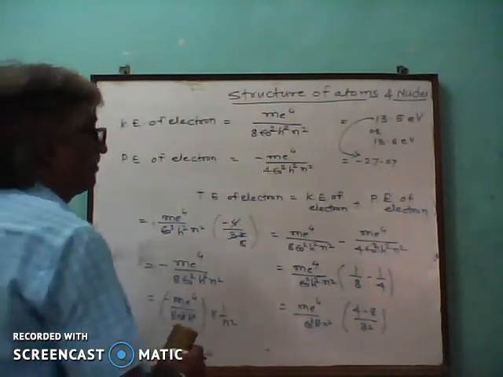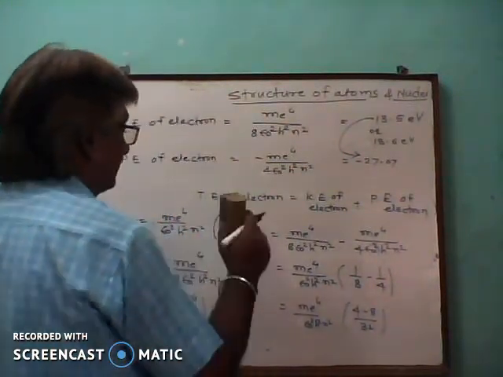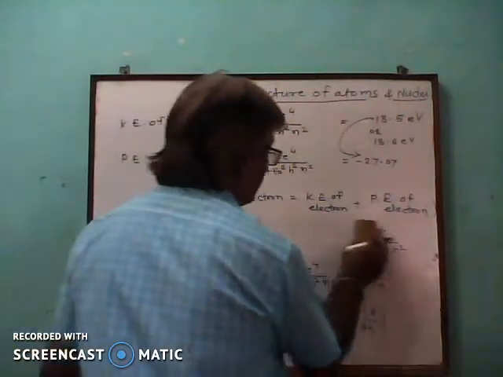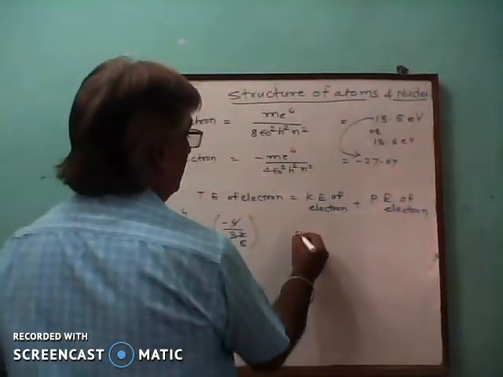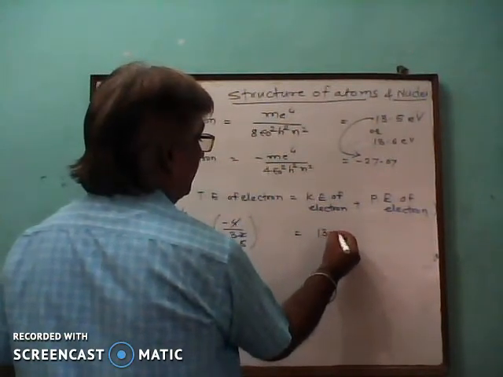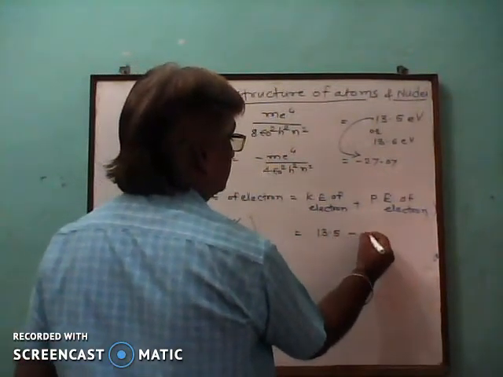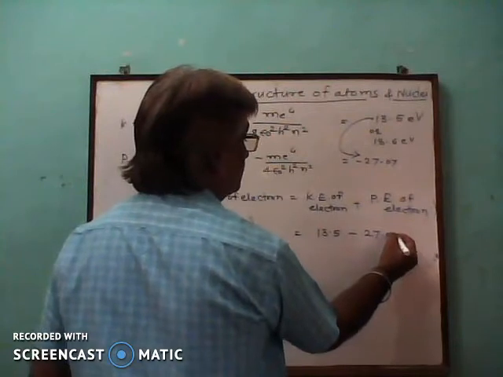If we put the value of kinetic energy and potential energy here, the kinetic energy of the electron is 13.5 and the potential energy is minus 27.07.